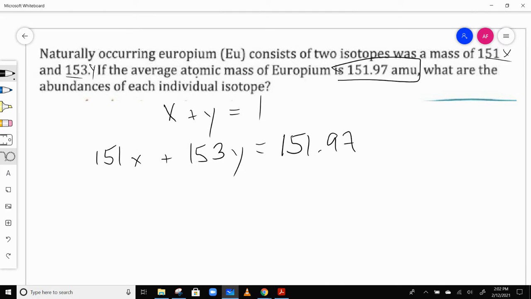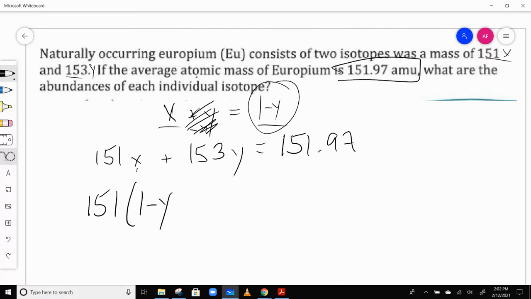Okay, now we're going to use substitution to solve this. So we're going to subtract Y from both sides and solve this equation for X. So we know that X equals 1 minus Y. Then we're going to substitute for X, and we're going to put 1 minus Y. So here, instead of X, we get 151 times 1 minus Y plus 153Y equals 151.97.